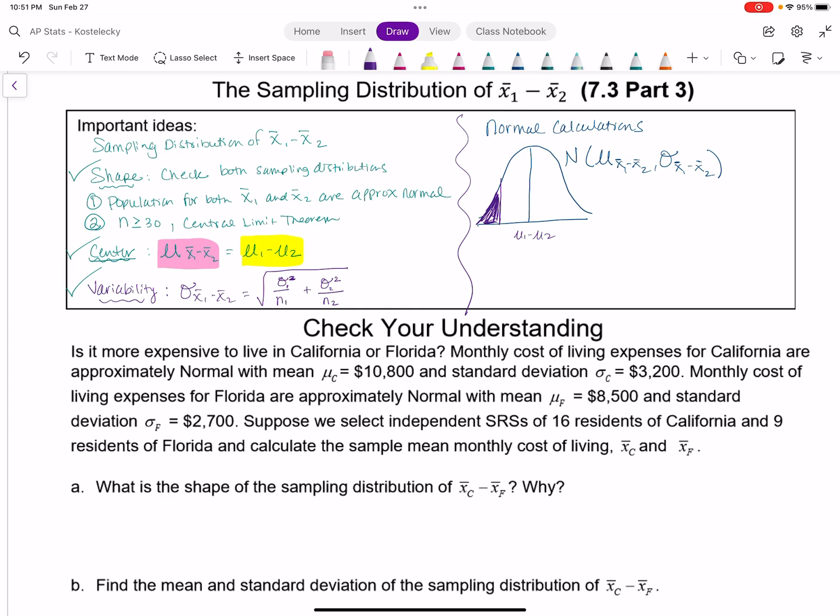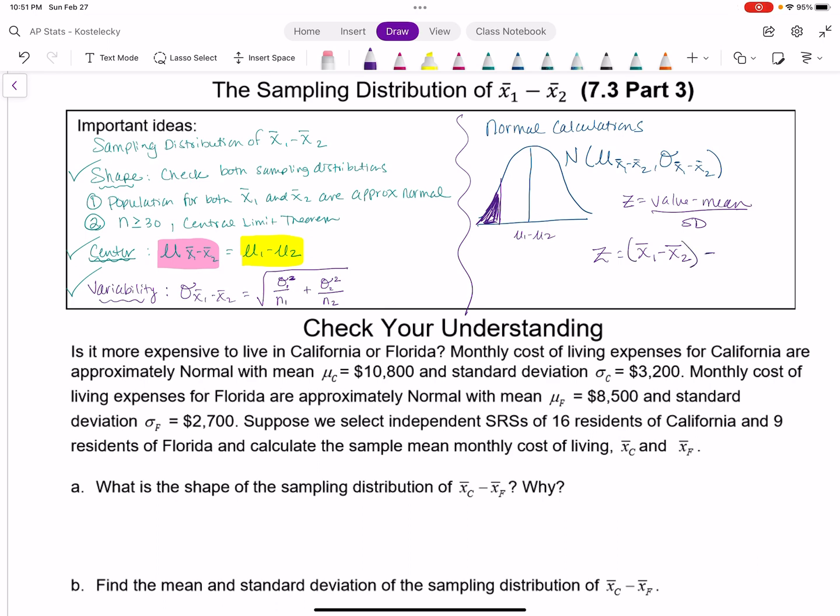But your z-score formula, it still is value minus your mean divided by your standard deviation. But now that we have all these fancy formulas, it makes it a little bit more complicated. So we're going to take our samples first, x bar 1 minus x bar 2.